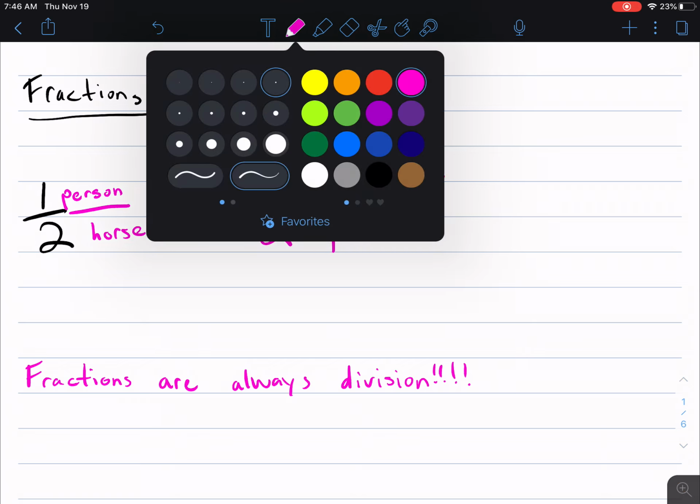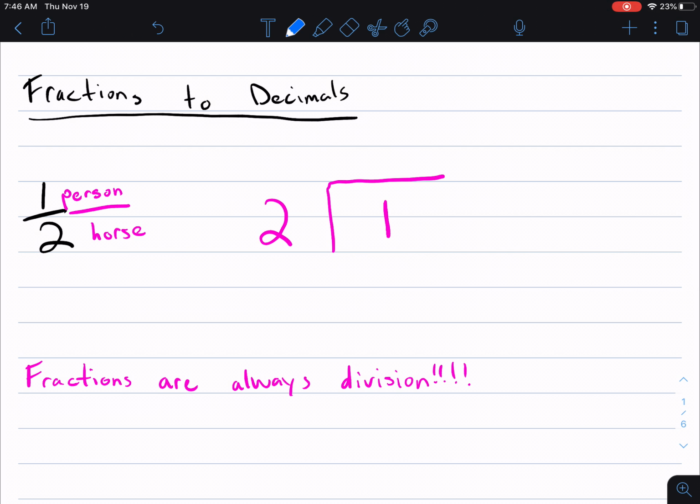And now we just divide. Y nada más dividimos. How many times does 2 go into 1? ¿Cuántas veces se puede meter 2 a 1? 0. Next, I add 2 points. Point here and point here. Add a 0. 2 into 10, how many times? ¿Cuántas veces 2 a 10? 5.